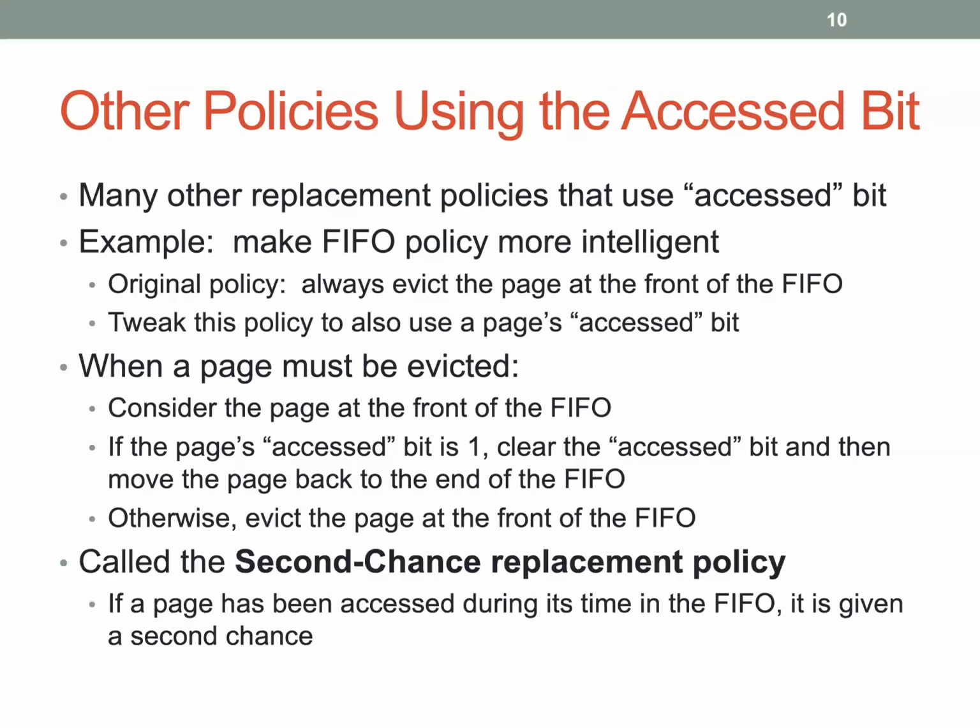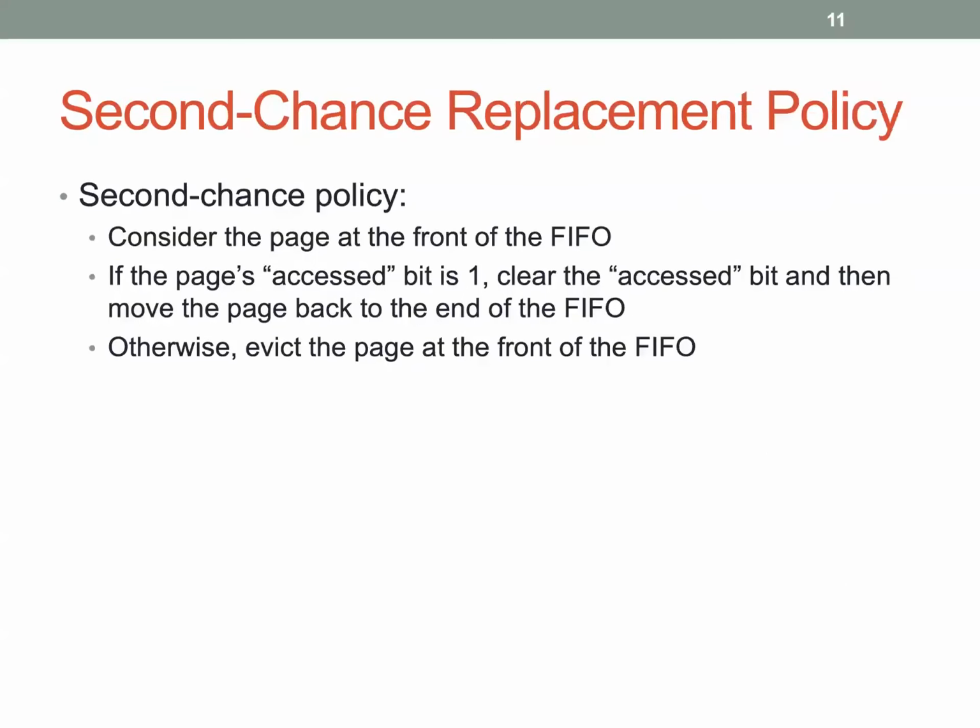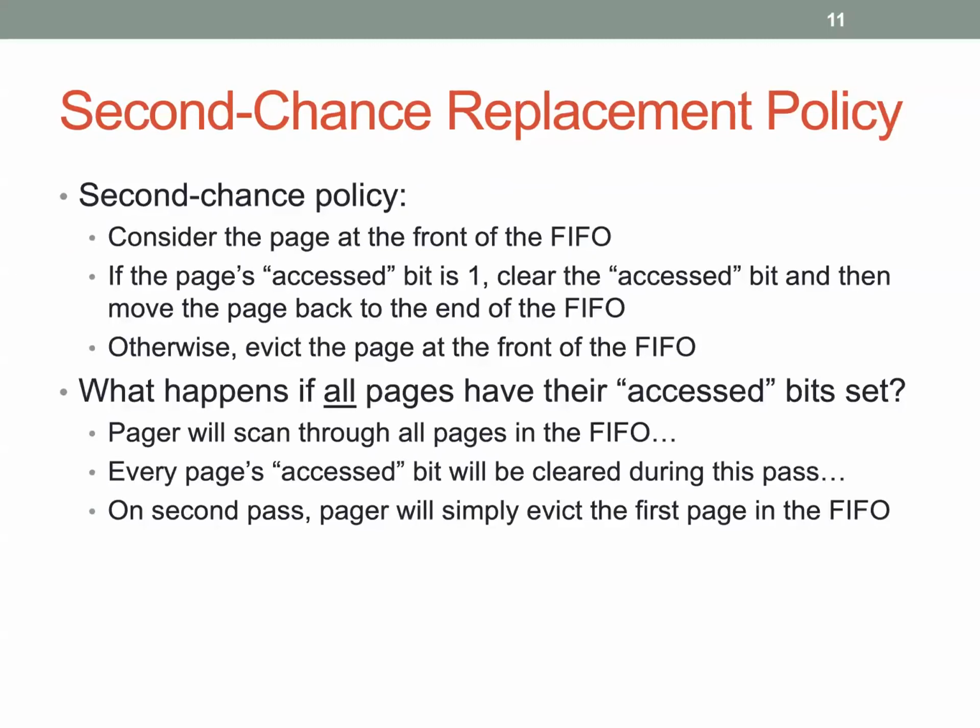So pretty simple tweak, and it turns out that this ain't so bad. In fact, second chance is exactly what the clock policy is, but just with different implementation details. So like I say on the slide, you consider the page at the front. If the page's access bit is 1, you clear it and move it to the back. Otherwise, you evict the page at the front. And so you can ask questions like, well, what if all the pages have been accessed in the time that they've been in the queue?